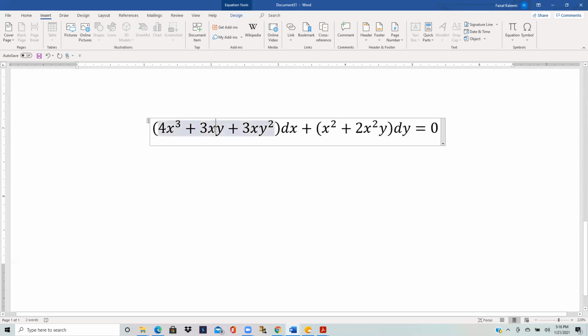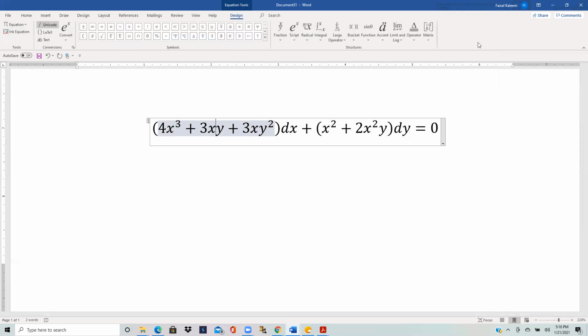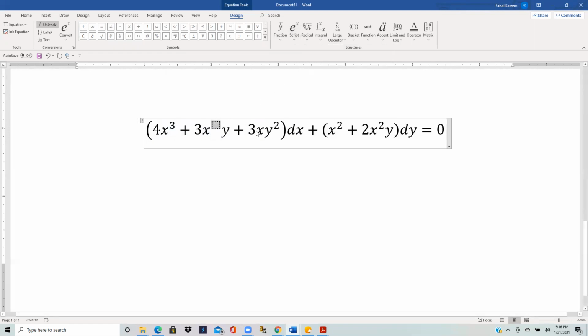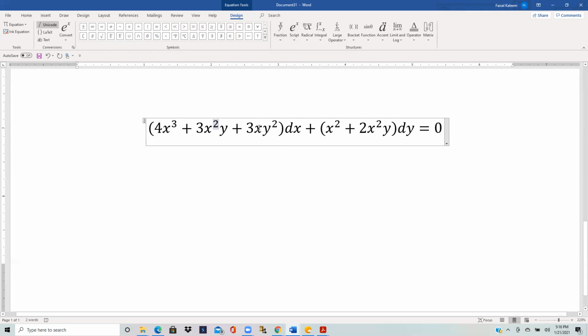This becomes an x squared. This also becomes an x squared.